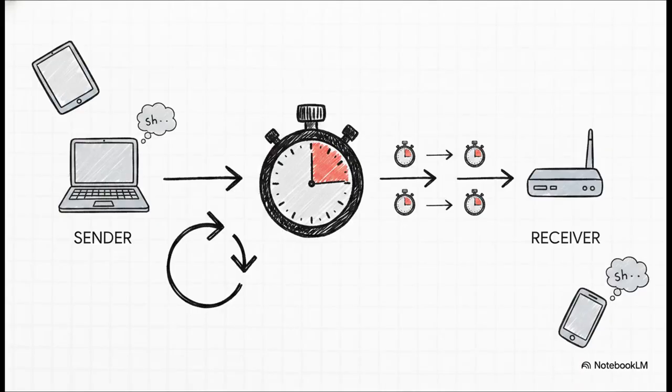Now, what is super interesting here is the precise timing involved. Before even asking to send that RTS, the device waits for a DIFS, a distributed interframe space of 34 microseconds. It's just listening to make sure the channel is totally clear. But notice the waiting time between the RTS, CTS, data, and ACK. That's a SIFS, a short interframe space of just 16 microseconds.